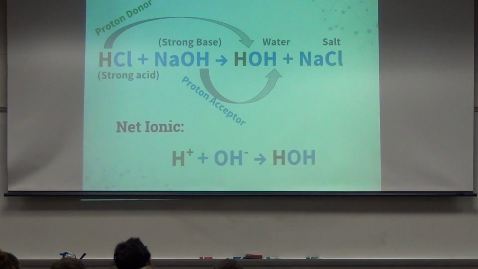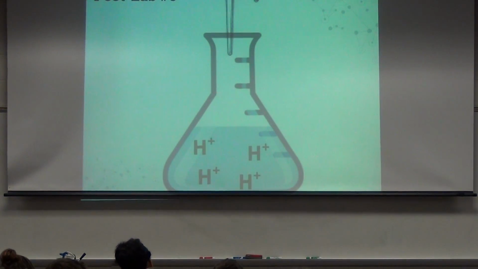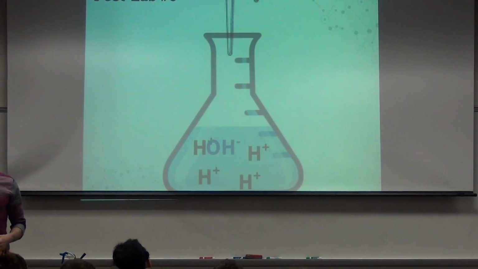I'm going to add base to it, and when I add the NaOH, all I'm going to add is the OH-, because that's the only ionic part we care about. Now when you first started the titration, you dropped this OH- into the solution, and it might have just flashed pink for a second and then gone away.